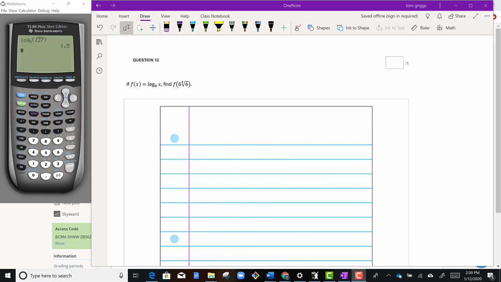And let's try this final problem, question 12. So I'm going to rewrite it, log base 6 instead of log base 6x. I'm taking this and substituting it for x.